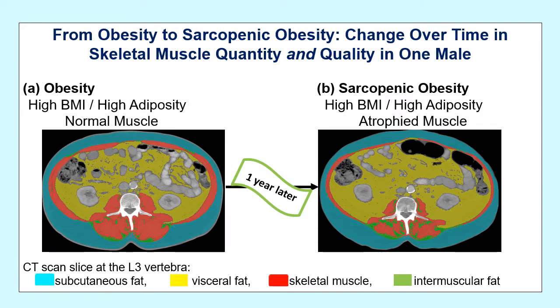Now here you see one individual who has moved from obese to sarcopenic obese in the course of 1 year. And what you see here is much greater infiltration of fat in the skeletal muscle, more atrophy of the skeletal muscle, and a greater invasion of visceral fat in the abdominal cavity.